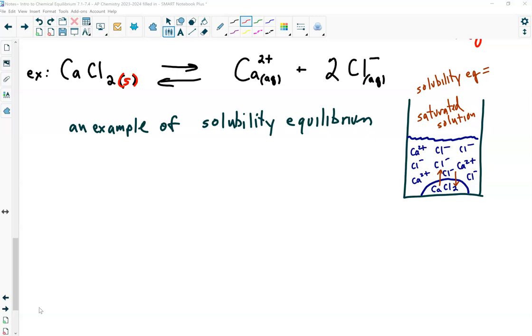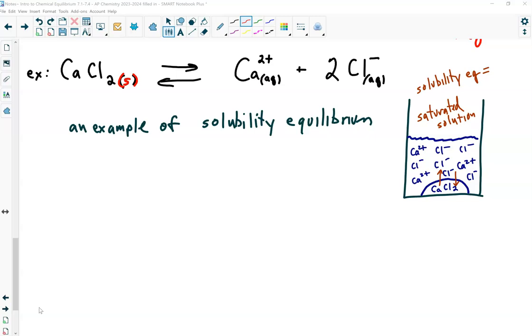But we also learned, when we talked about solubility in Unit 4, that this is dynamic. In other words, no more calcium chloride can dissolve, but if one calcium chloride dissolves, then one calcium chloride that was in solution has to undissolve and come back together and make the solid, okay?